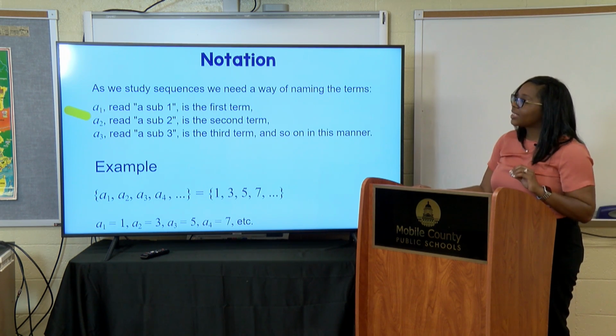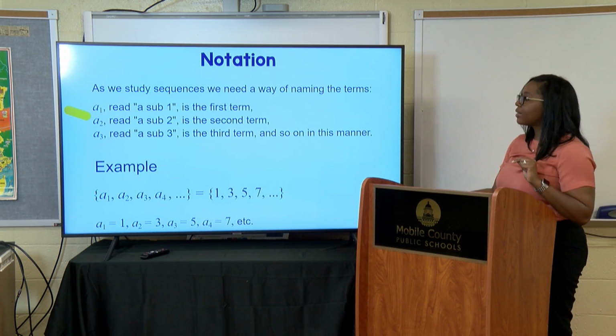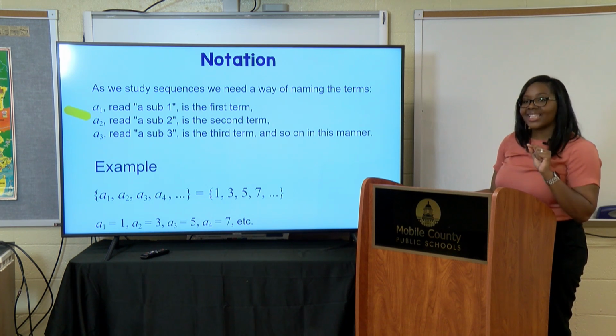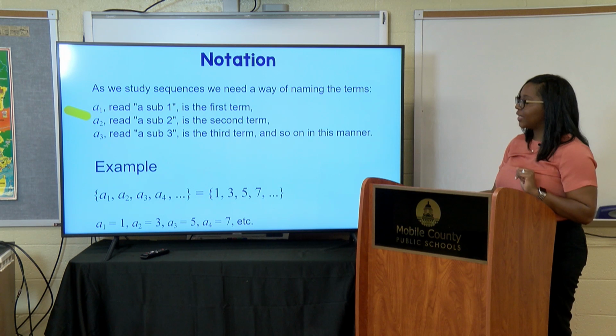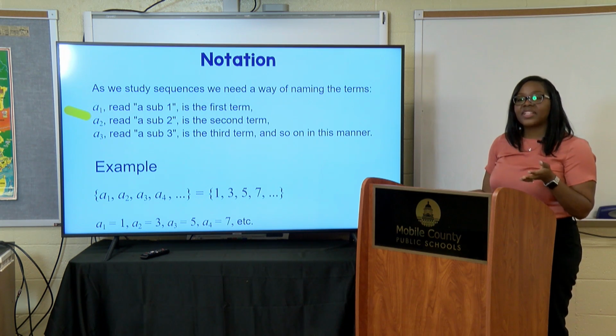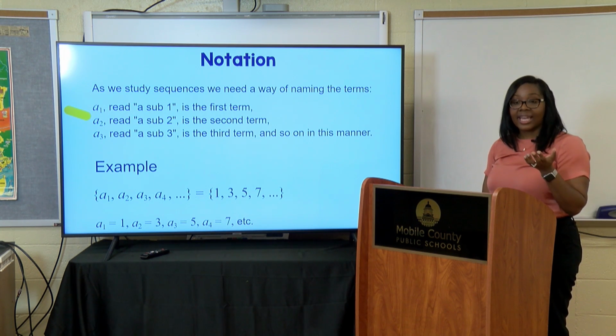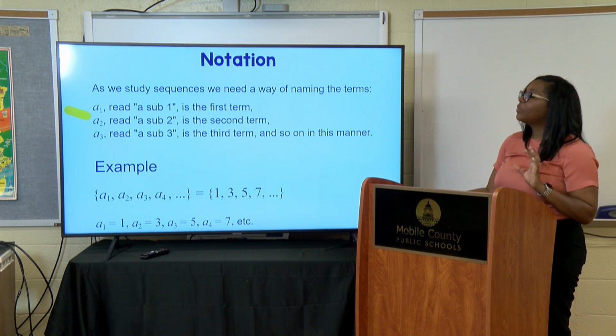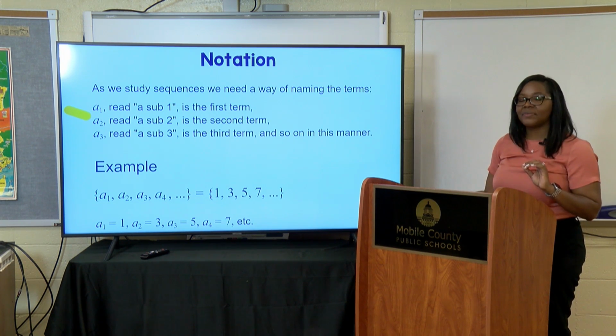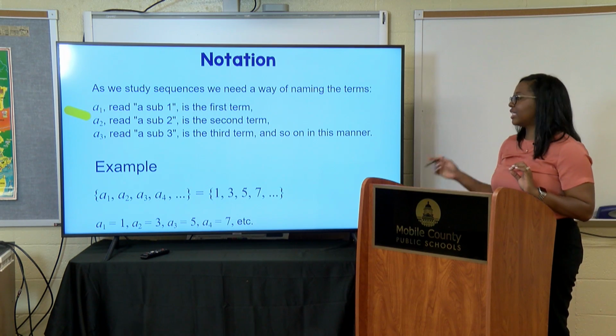The next one, where it says a and that small 2 at the bottom, we read that as a sub 2. That's an indication of the second term in our sequence. And then finally, we have a lowercase a with the little 3 at the bottom, that's a subscript. We read that as a sub 3. That is our third term in the sequence.